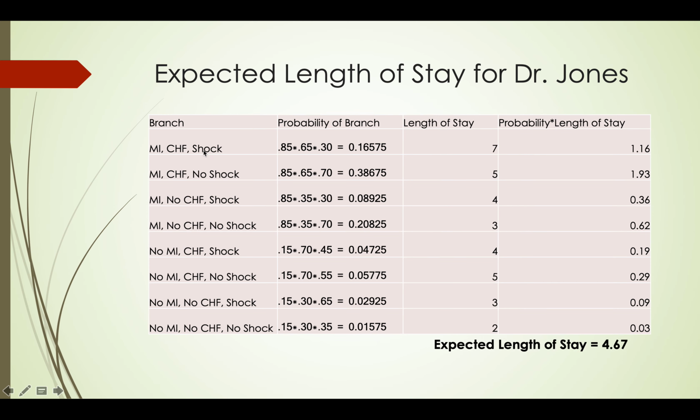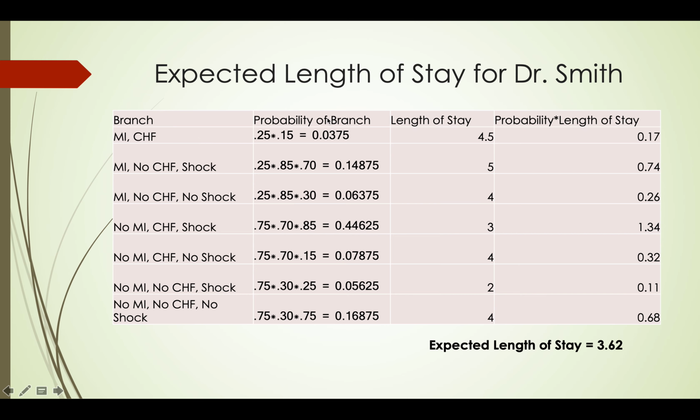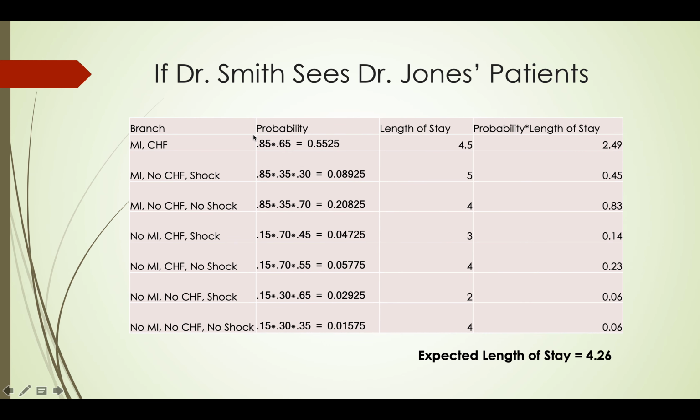Then we get the overall probabilities again, just using Dr. Jones's probabilities. And we use the same length of stay for Dr. Smith. Here we have probability times length of stay. And then we add these together to get the expected length of stay, which would be 4.26 days.